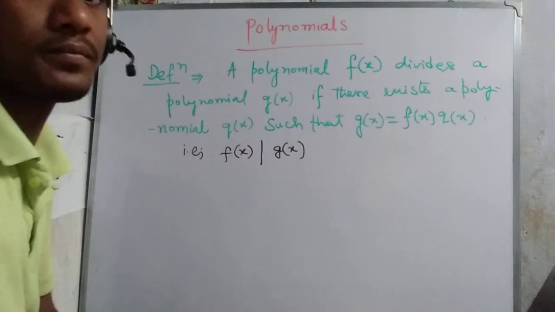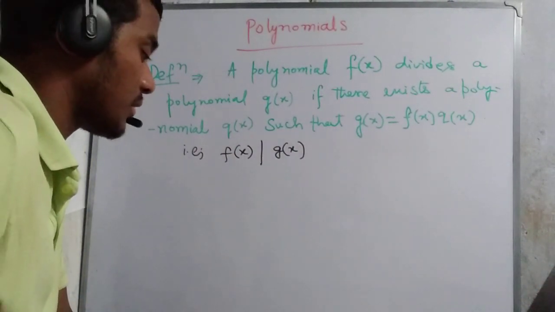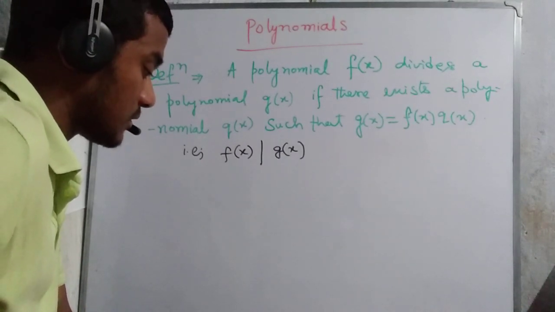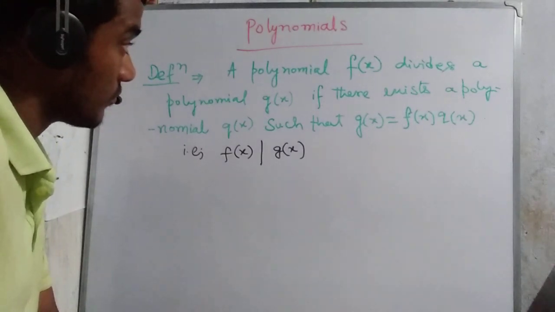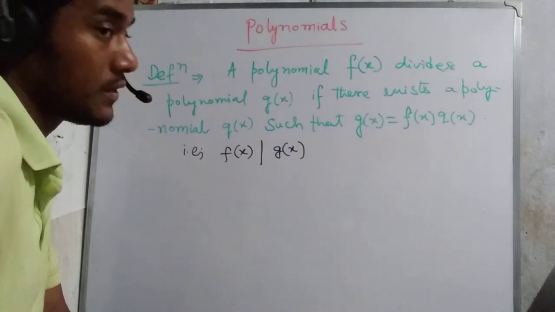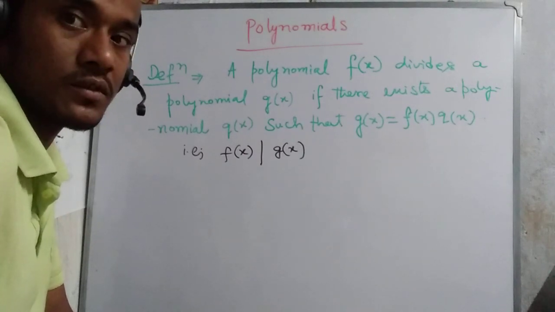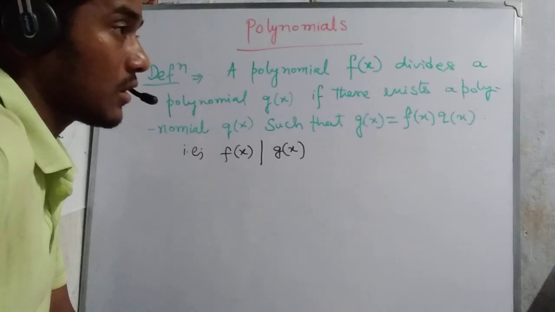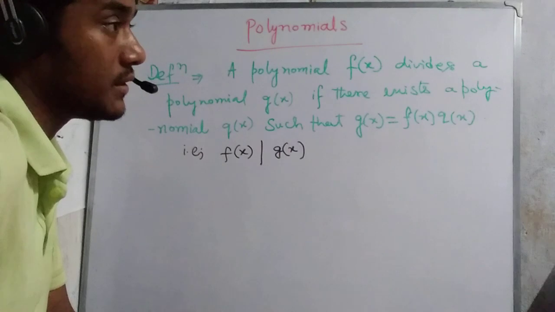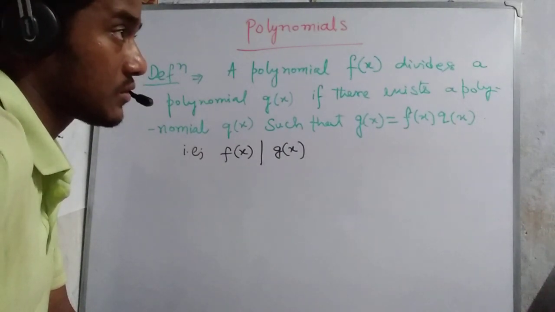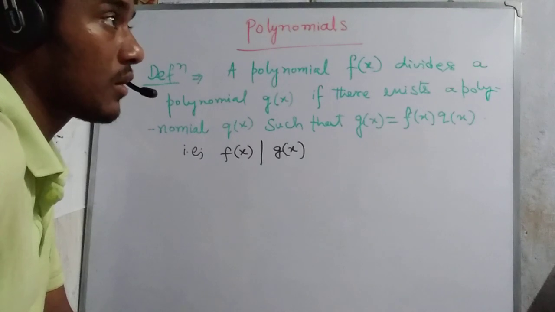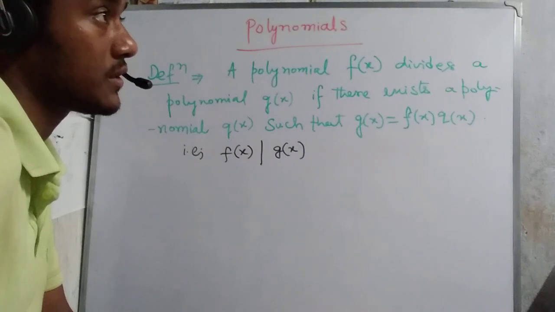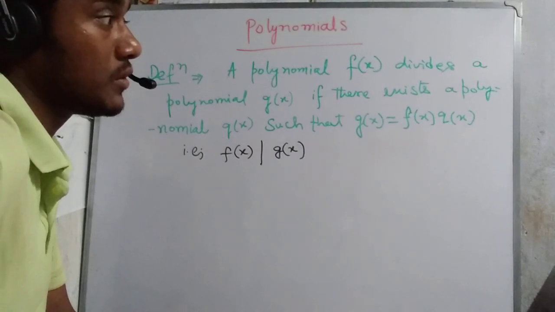Obviously we know that a polynomial means some function, where some variable is present, arranged from upper to lower order, and some coefficient is present in front of each order.